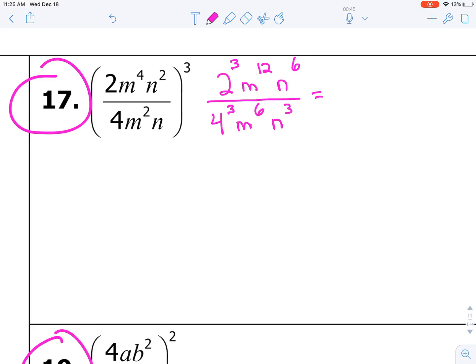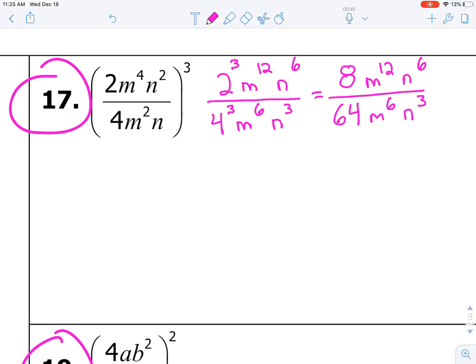So 2 to the 3rd is 2 times 2 times 2. 4 to the 3rd is 4 times 4 times 4. Use a calculator if you need to, but it's 64. And then I have all the other stuff. And then I'm going to simplify 8 over 64.